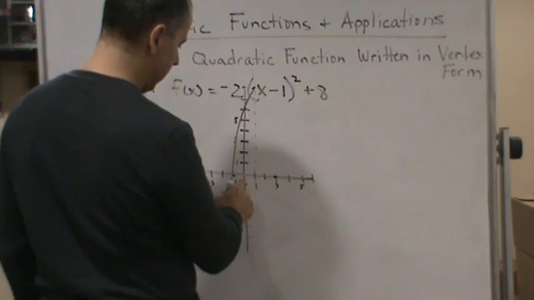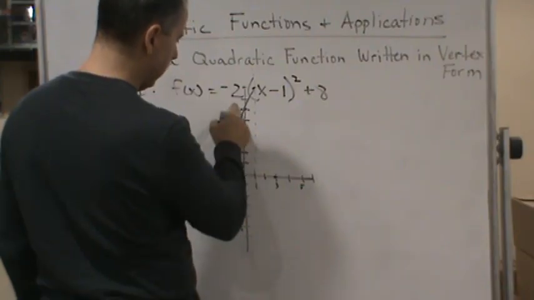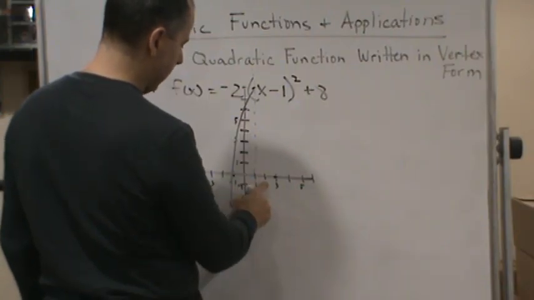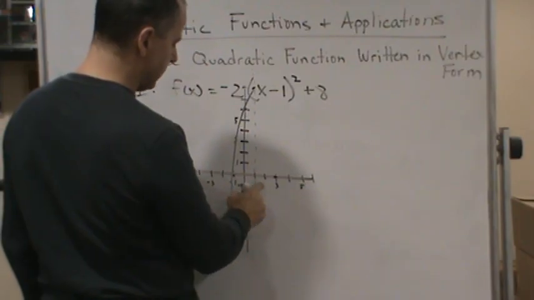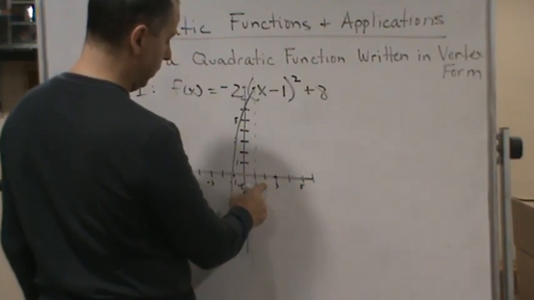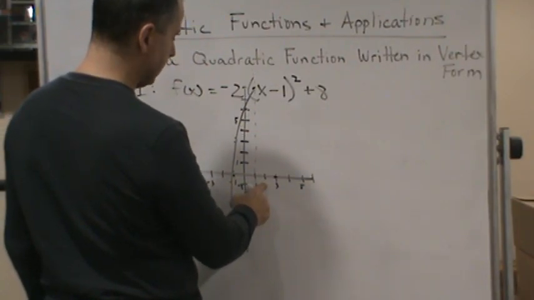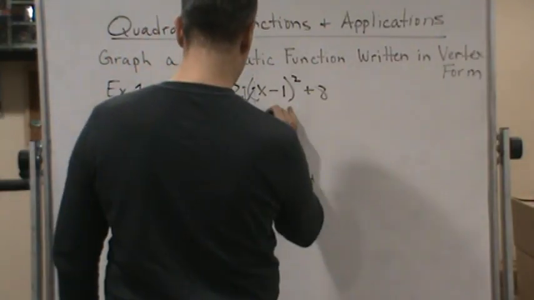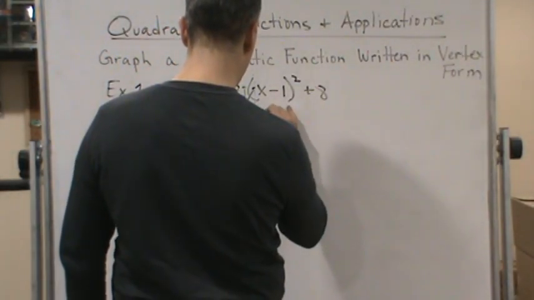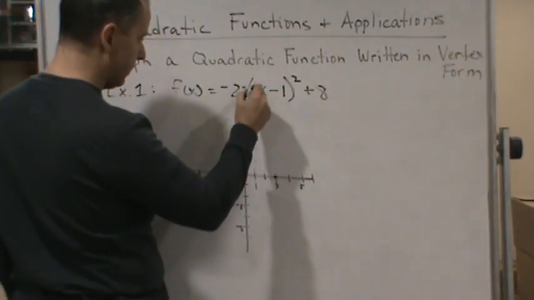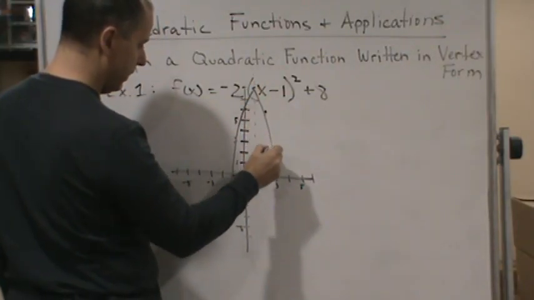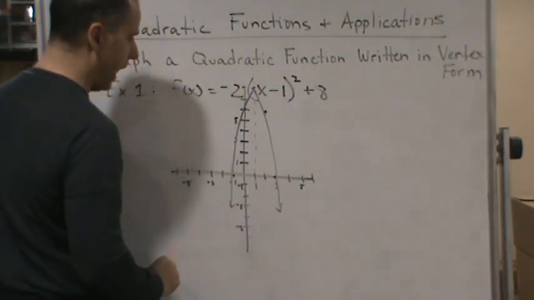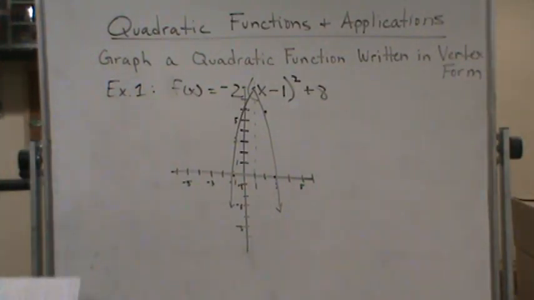So if there's one here at 0, 6, then there's going to be another one over here, same distance, at 2, 6. So we could put another one right there. And so now we've got more points that will help us plot the parabola.